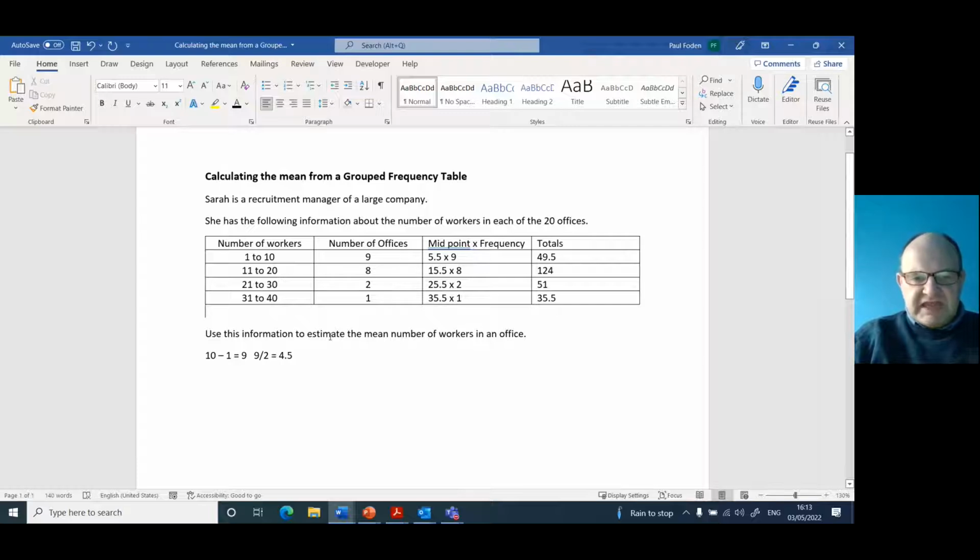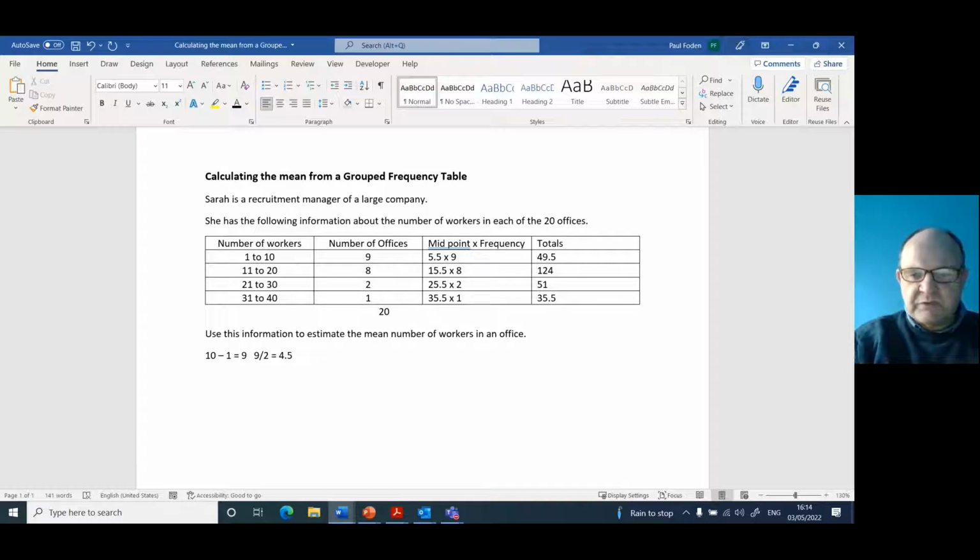The next step is our total number of offices. It should be 20: 9 and 8 is 17, 2 more is 19, and 1 more, so that's a total of 20. We then add up all our totals.